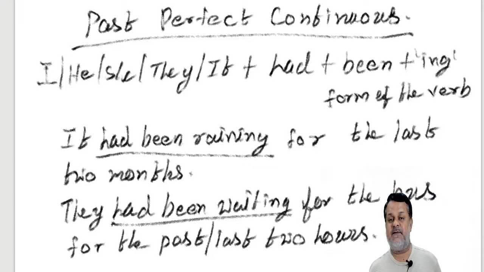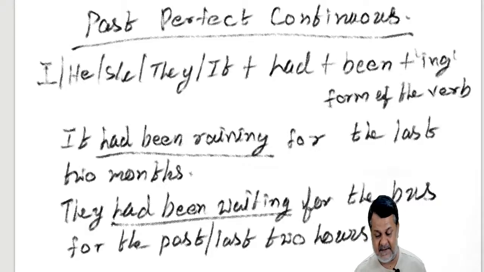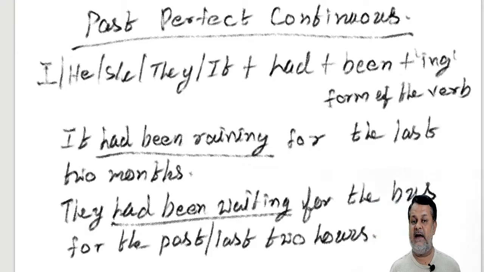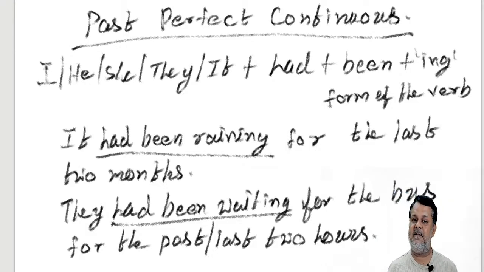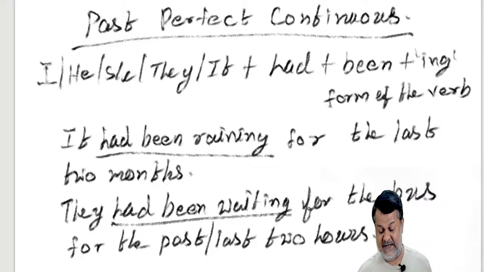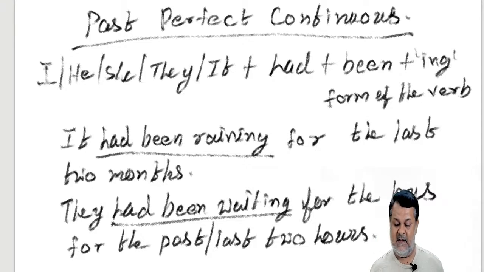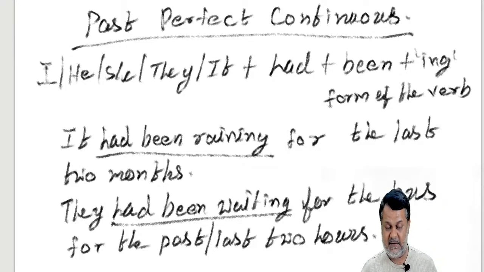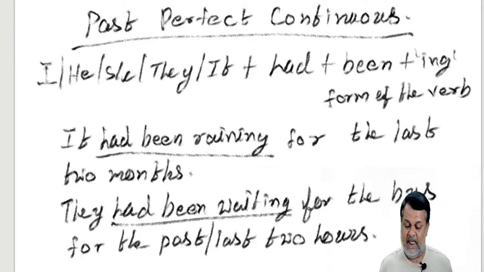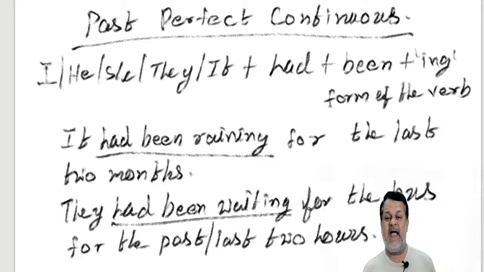But when it comes to present perfect continuous, then depending on whether the subject is singular or plural, it will be has or have. So he, she, it will always be followed by has. I am talking about present perfect continuous. And I, we and they will always be followed by have.